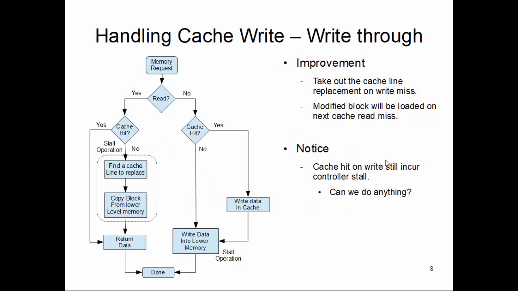Take out the cache line replacement on the write miss, and the modified block will be loaded on the next cache read miss. So here we are modifying the circuit: if it is not a cache hit, go and write the data directly into the lower memory. We are taking a shortcut here where we bypass, let's say, the L1 cache, and if its block is present in L2, we write it there.